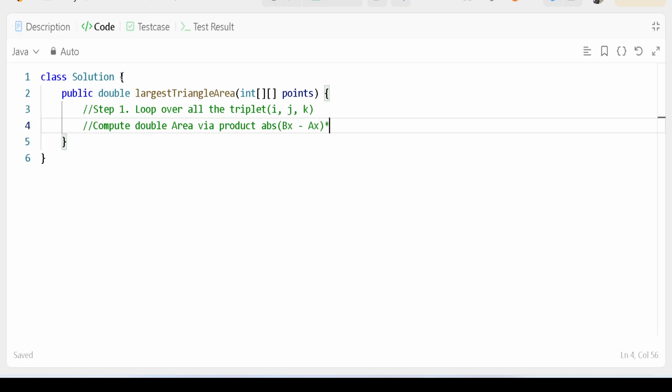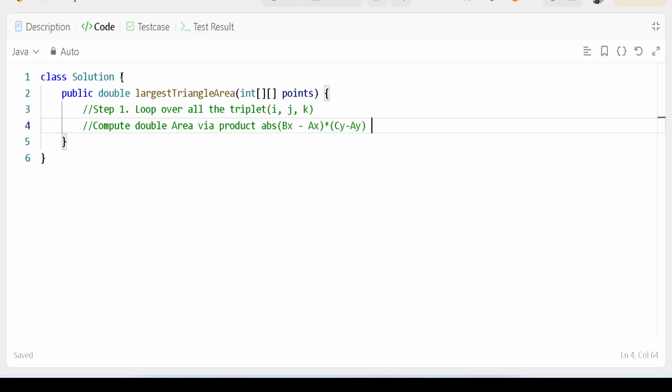Then we multiply by cy minus ay. We will take these points, right?